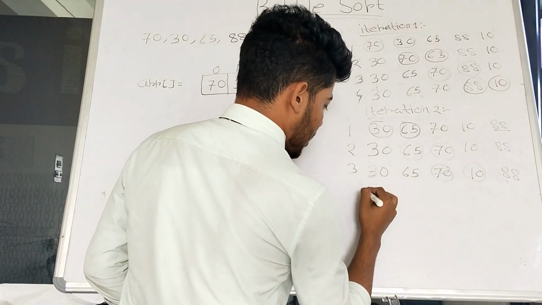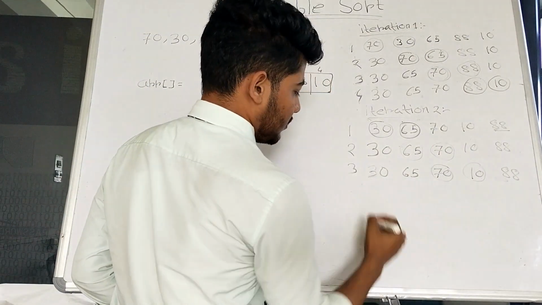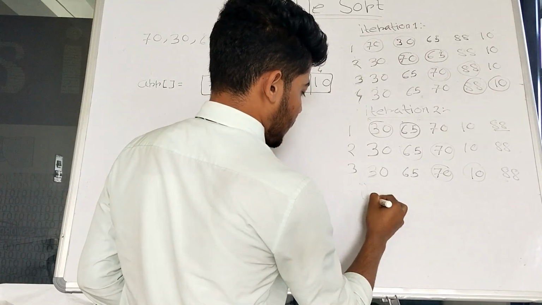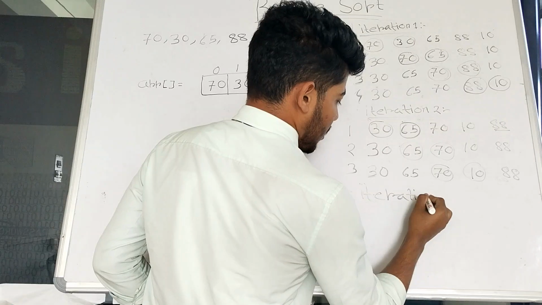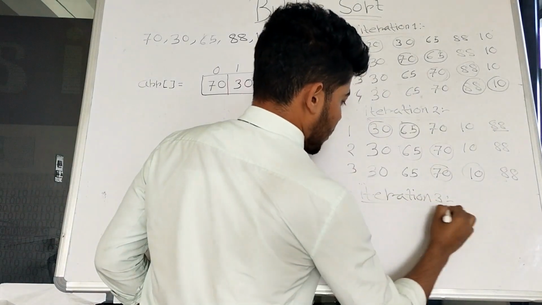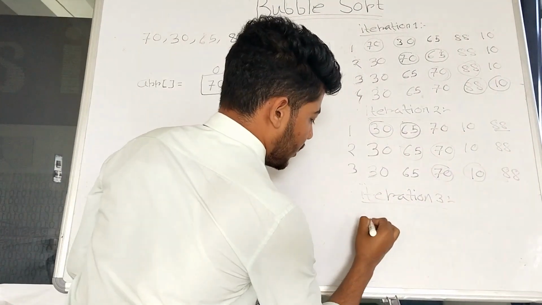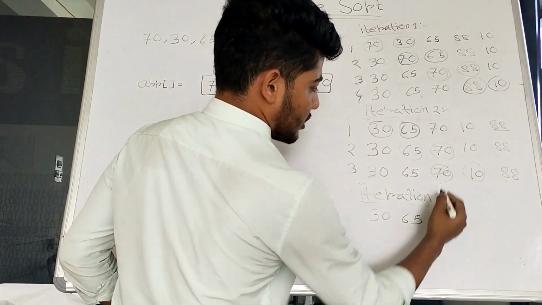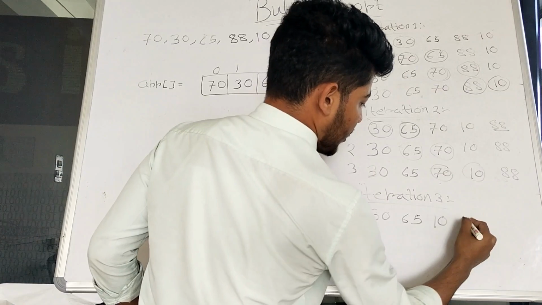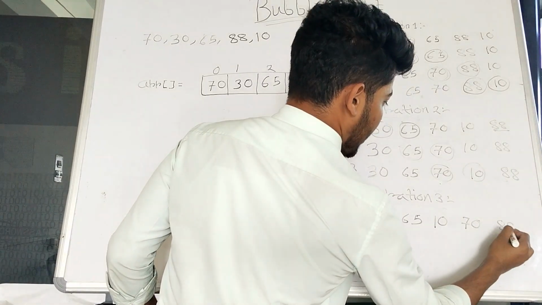Now next is iteration 3. Iteration 3, so 30, 65, 10 with 70 will swap with 10, so 10, 70, then 88.